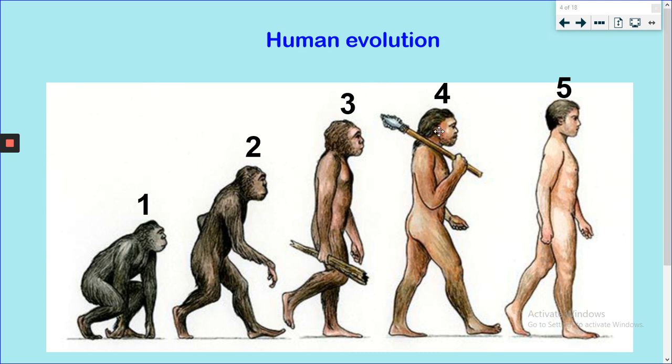Here in stage 4, they use better tools, and it is formed as modern humans. They walk very straight and have very little body hair, and are more similar to our modern humans. So this is how scientists believe that human evolution came from the apes.